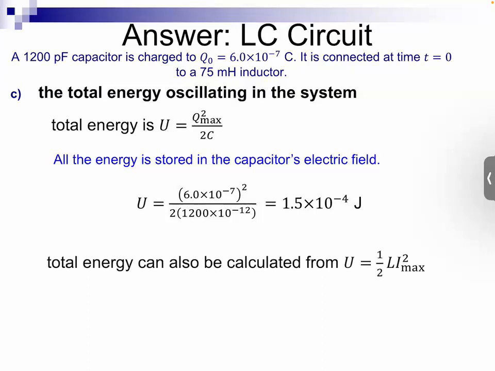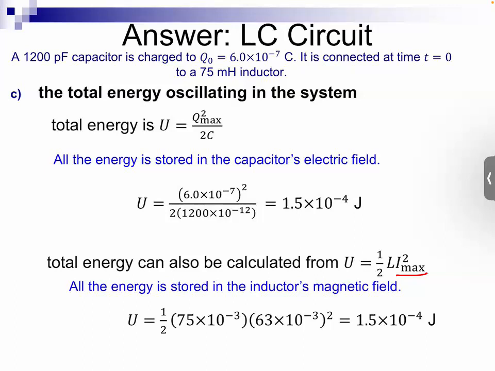So therefore, you can also calculate the total energy in the system by taking the total energy that can be stored in the inductor, in which case you use the maximum current. And in that case, all the energy is stored in the magnetic field. The inductance is given in the problem, and the maximum current was solved in the first question.